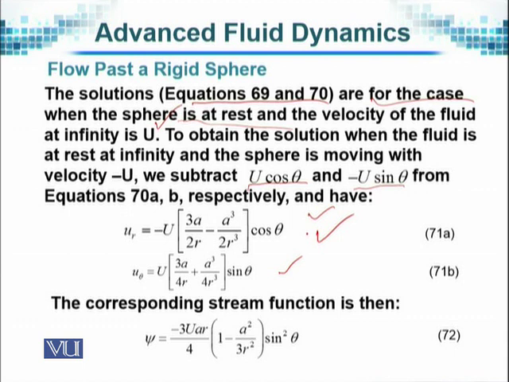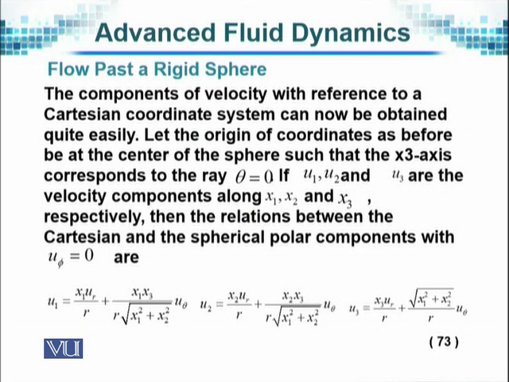This happens when the fluid is at rest at infinity, and the value of psi will of course adjust to this condition. The components of velocity with reference to a Cartesian coordinate system can now be obtained quite easily.